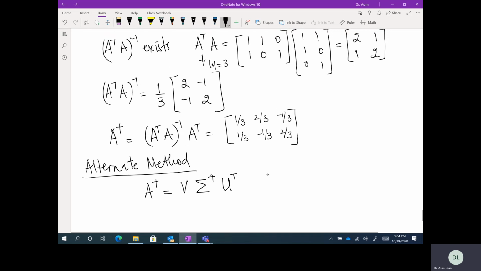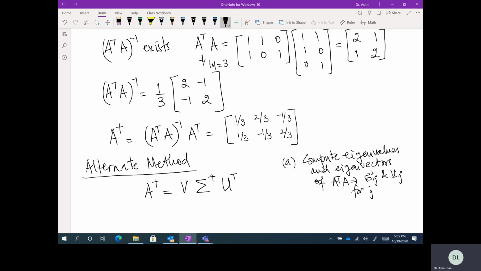So first step, compute eigenvalues and eigenvectors of A transpose A. So these will give you sigma square J, and this will give you Vj for J equals 1 and 2, because 2 is equal to R.